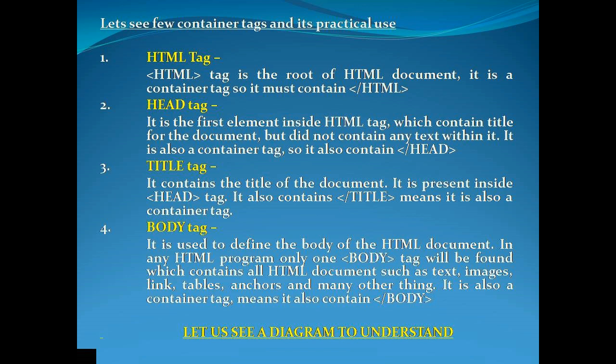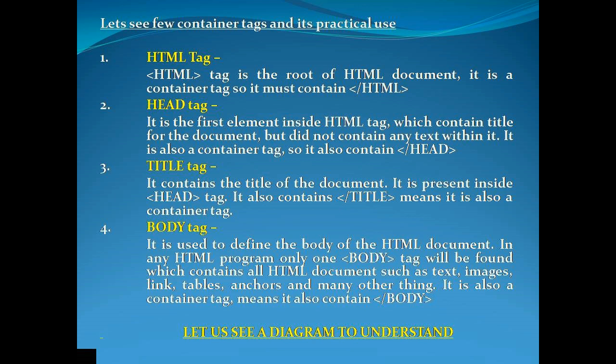The fourth one, and very important, is the body tag. It is used to define the body of the HTML document. Means anything which will be displayed over the web page will be written inside this tag.